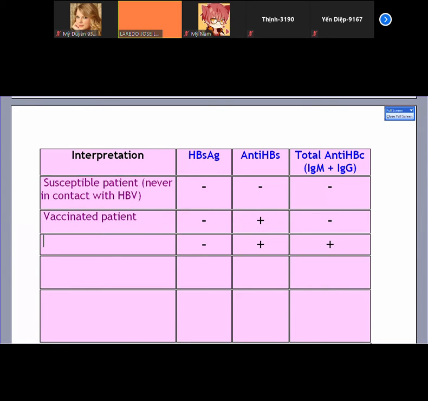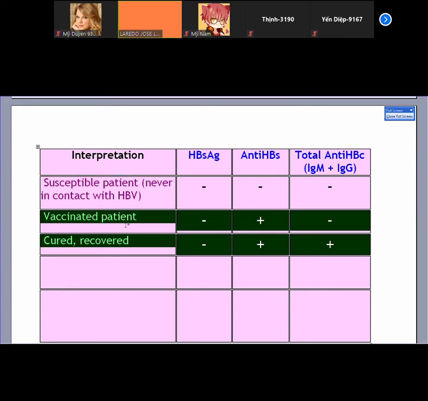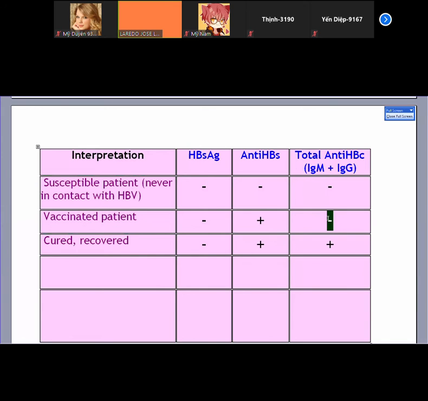So this profile is the typical profile of a cured patient, recovered. This patient suffered hepatitis B, but recovered completely. So this patient is protected against hepatitis B. Look at the difference with the other profile. Both are protected, but one because of vaccination, the other one because of infection.